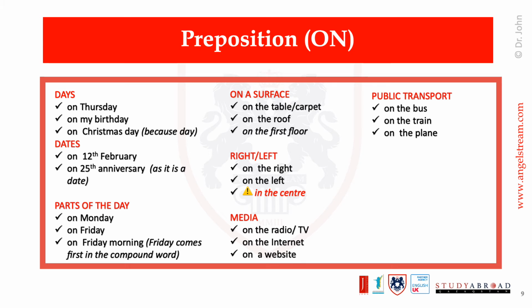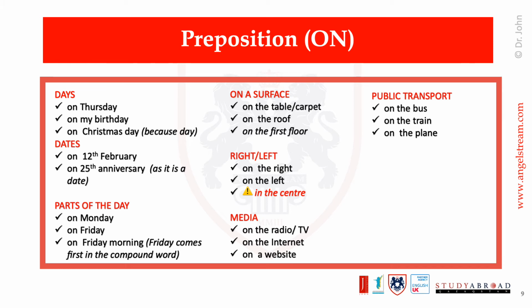I think we have got some more examples here, like days are part of the day, or Monday. Actually, it is the same thing here. On the surface, as in the previous slide, we use on the table, on the carpet, on the roof, on the first floor, because there is a surface. So on the right is the location, on the right, on the left.